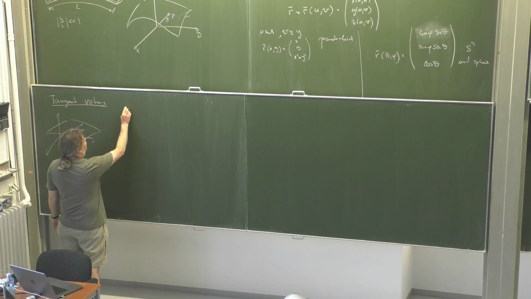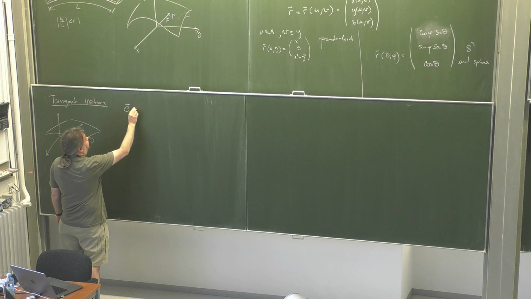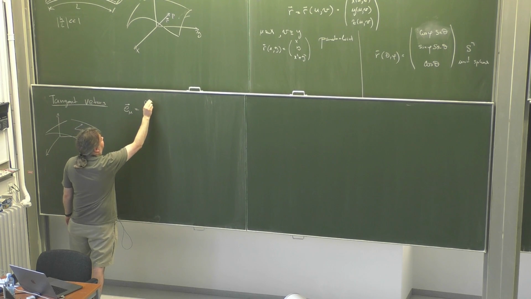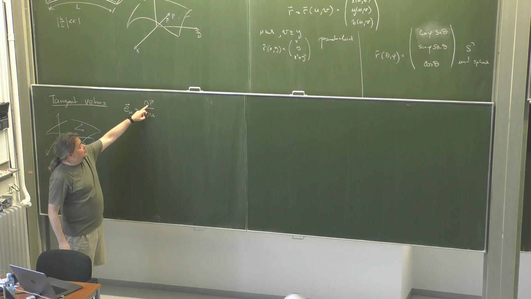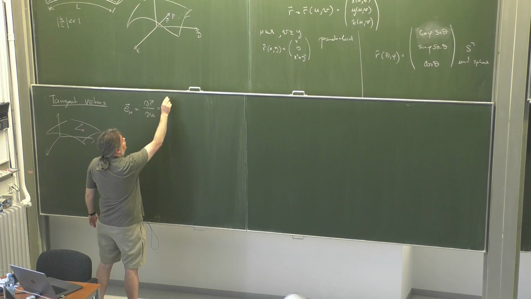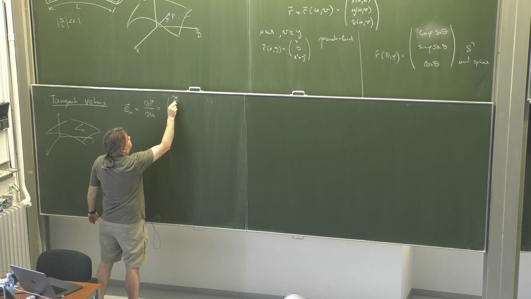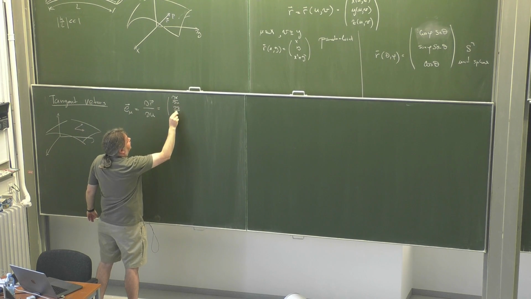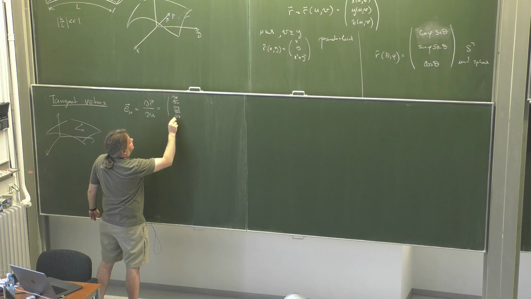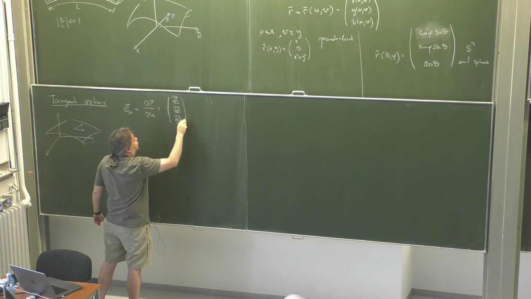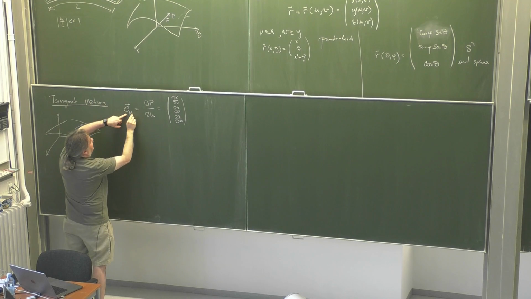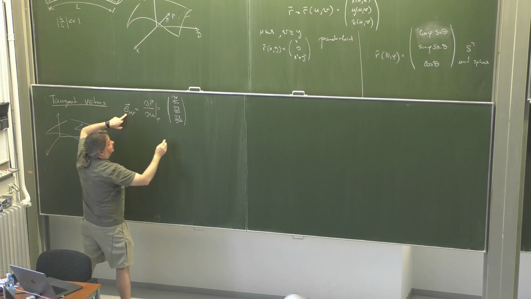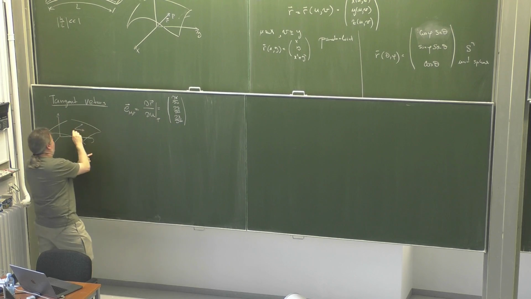So I am going to define a vector E_u, which is just going to be the partial derivative of r with respect to u, which is nothing but dx/du, dy/du, and dz/du, right in here. And that's calculated at a given point P, right? So this guy is calculated at the point P.